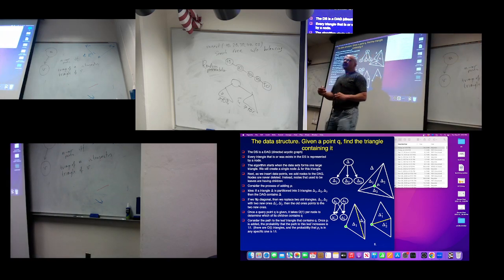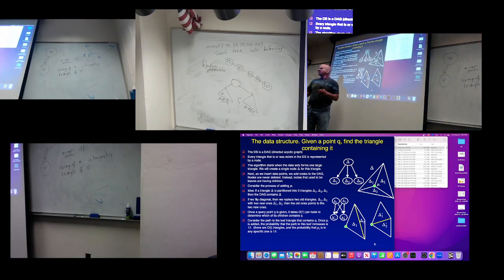So now, assume that I have an oracle that can tell me, given a point pi and a triangle, whether the point is inside the triangle or not. Again, I have a point Q, and I have a triangle, and my oracle tells me whether Q is inside the triangle or not. How can I find which triangle of the triangulation contains Q?